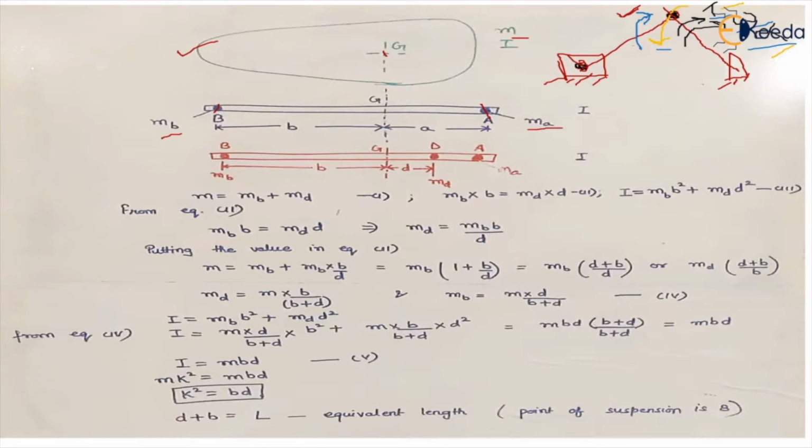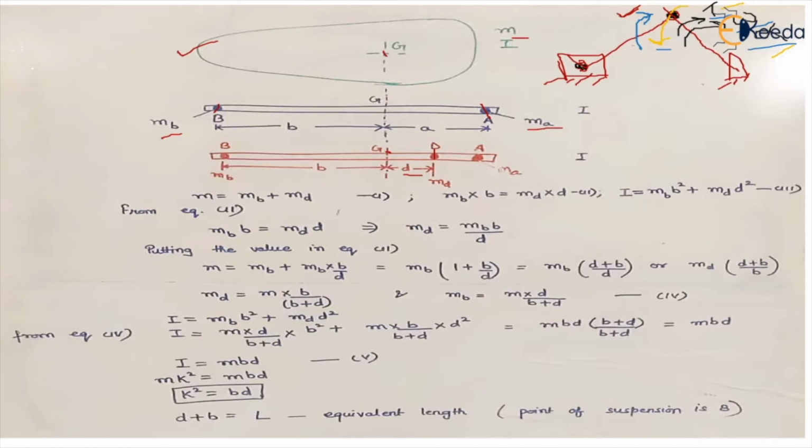So we know the equations, and we've also created one more dynamically equivalent system, and we have placed another mass d at a certain distance small d from the center of mass g. The placement of d is done in such a way that a and b are both dynamically equivalent systems, and d is also placed in such a way that it creates a dynamically equivalent system with b, right?